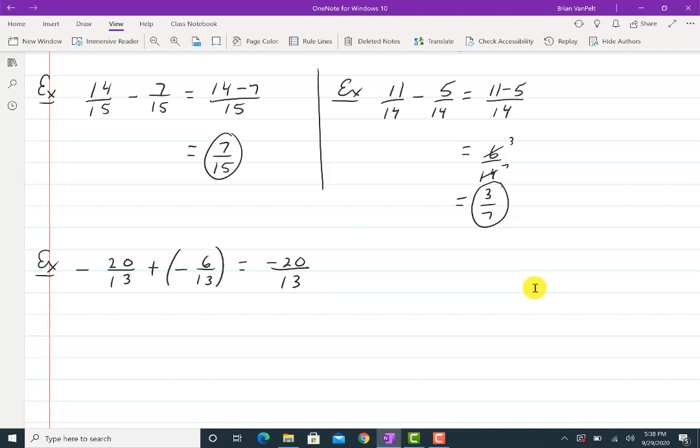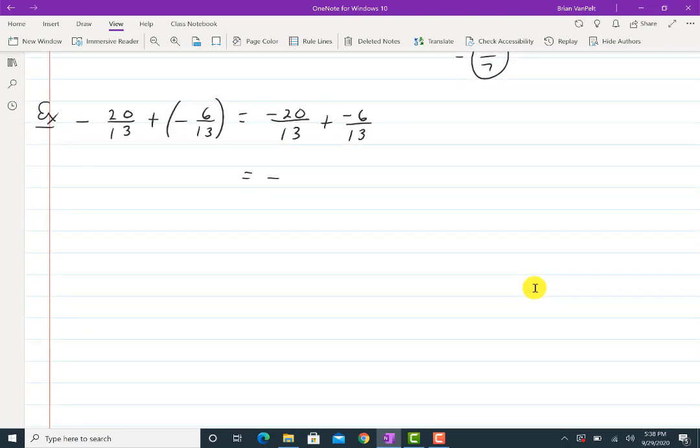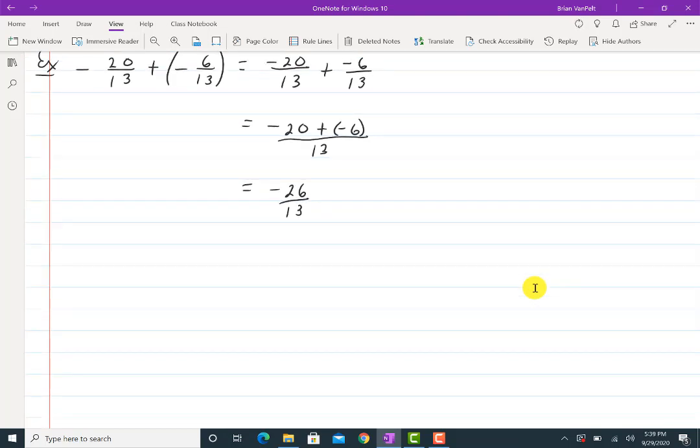But I think it'll be a little more helpful if I do it this way. This way, when you add them together, you'll be dealing with the type of stuff you've seen before. And then negative 20 plus negative 6 is negative 26. And here, 13 goes into 26 twice, so this simply equals negative 2.